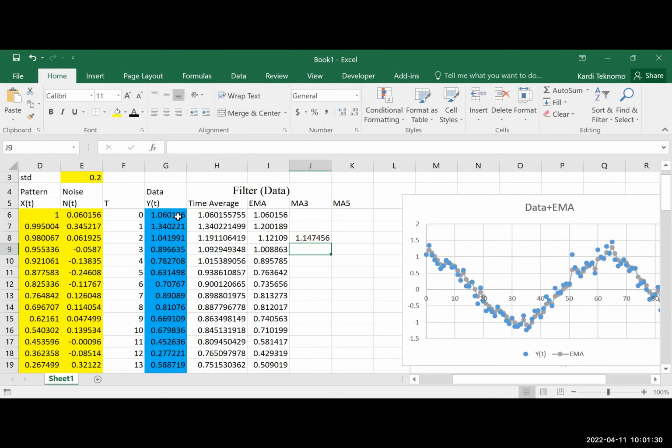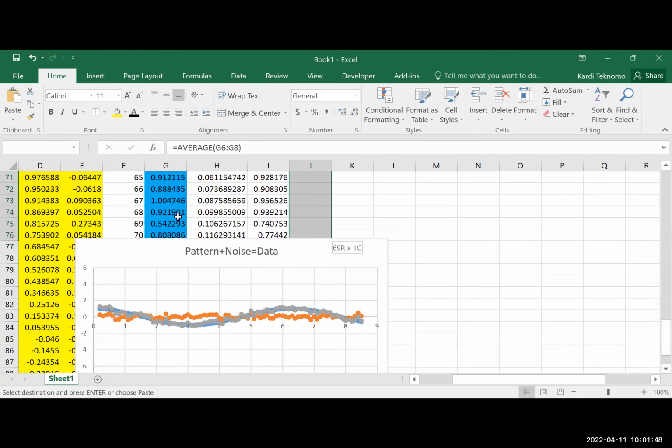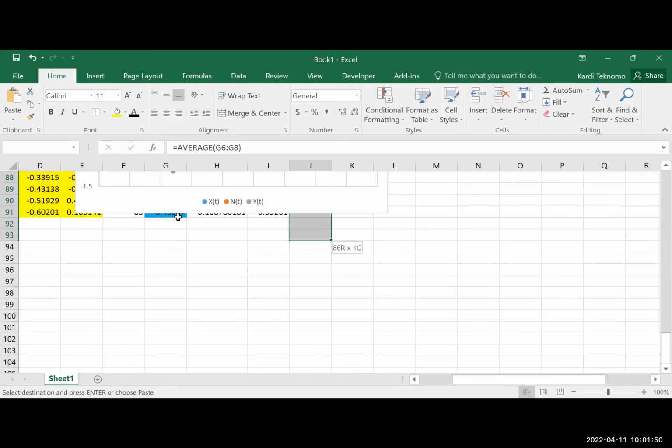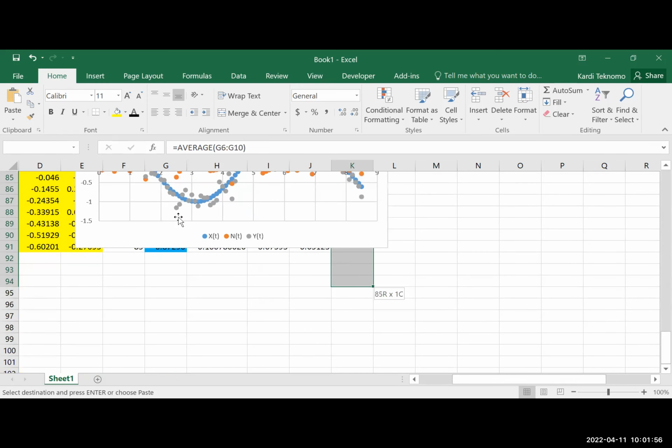MA5 will take the average of the last five data: 1, 2, 3, 4, 5. Okay, the last three. So then copy this down, and MA5, put this down.